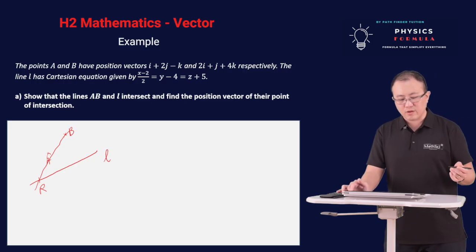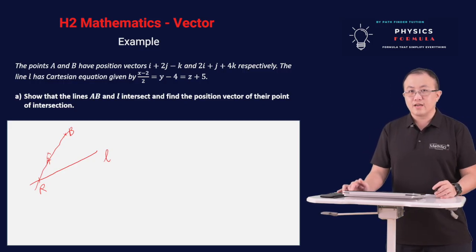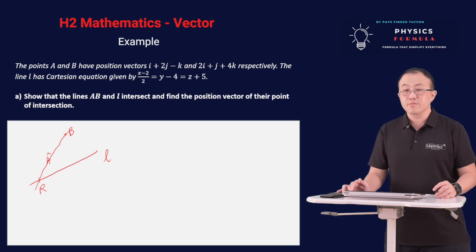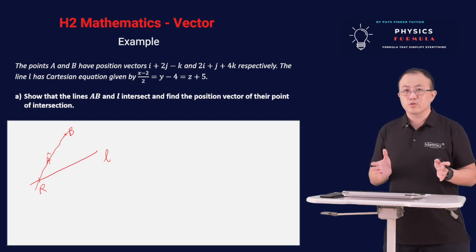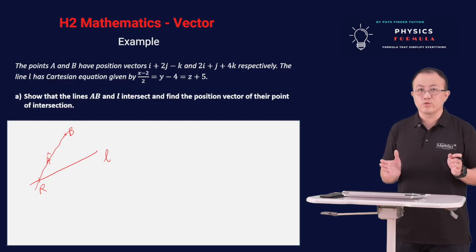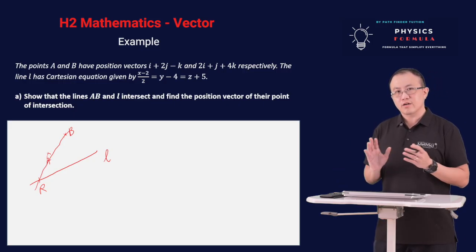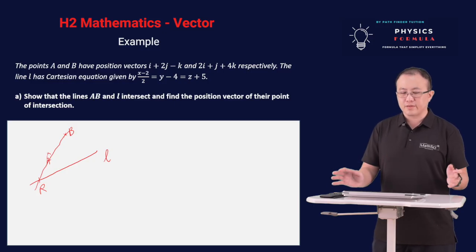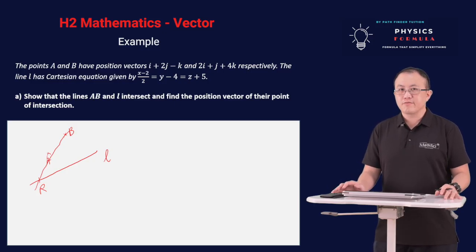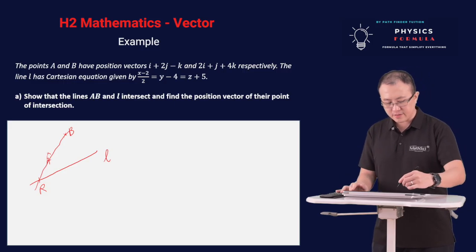So in this case, they want you to show that they intersect and also at the same time to get this point of intersection. So all you need to do is that you need to be able to do what we call a simultaneous equation. It's quite similar to coordinate geometry. So let's begin by finding the equation of the line that passes through A and B first.